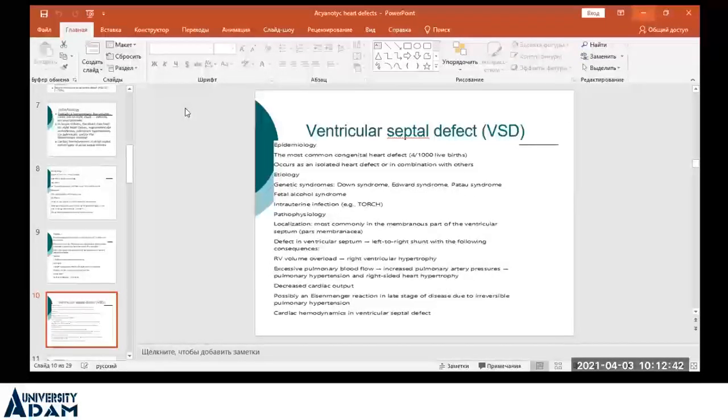Decreased cardiac output, and possibly an Eisenmenger reaction in the late stage of the disease due to irreversible pulmonary hypertension.